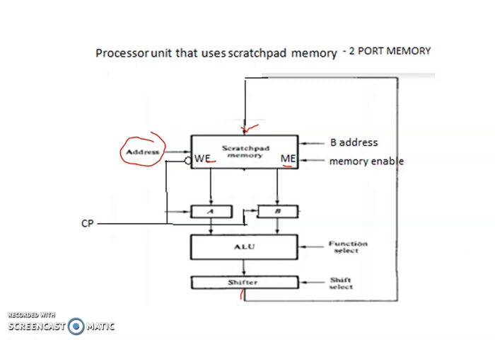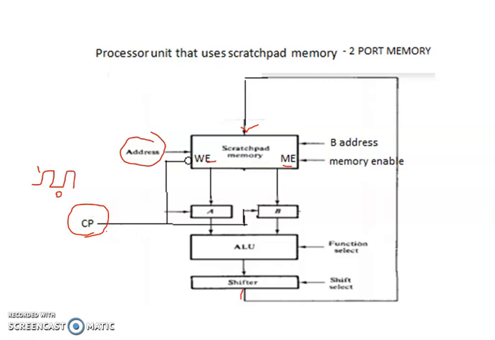Here one more signal that is new to you is the clock pulse. If the clock pulse is 1, and there is a clock pulse, then the registers will be accepting new information from the memory.